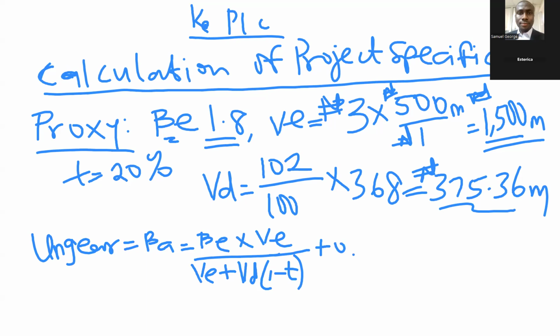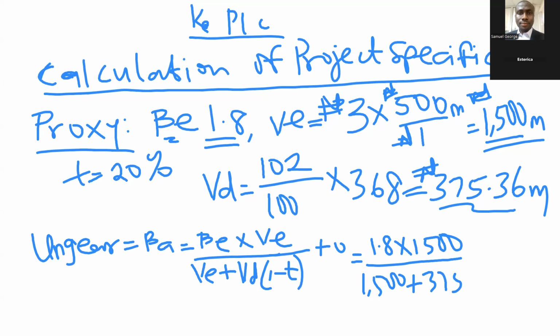So what is our beta equity? 1.8 times value of equity, 1,500, divided by 1,500 plus the value of debt, 375.36, then 1 minus 0.2. That is net of tax.